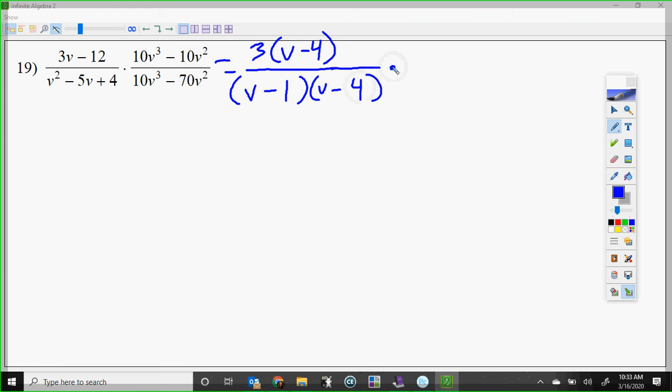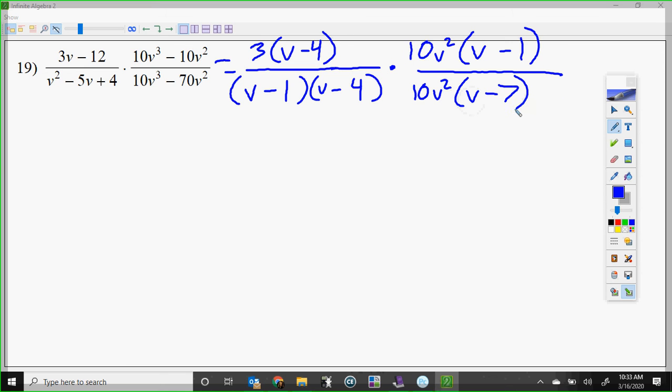Well, I can factor a 10 out of top and bottom, but I can also factor out a v squared. So that leaves me with v minus 1 all over. I can factor a 10v squared out of the bottom as well, leaving me with v minus 7. And then once I get here, I'll see if I can cancel stuff out.